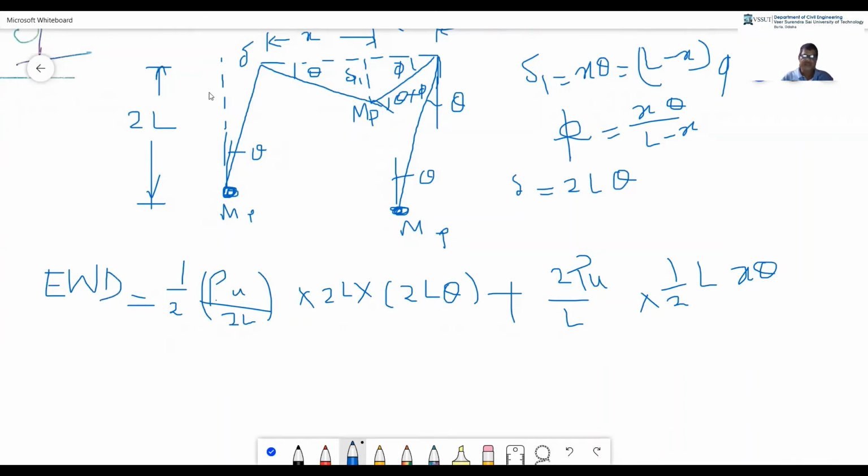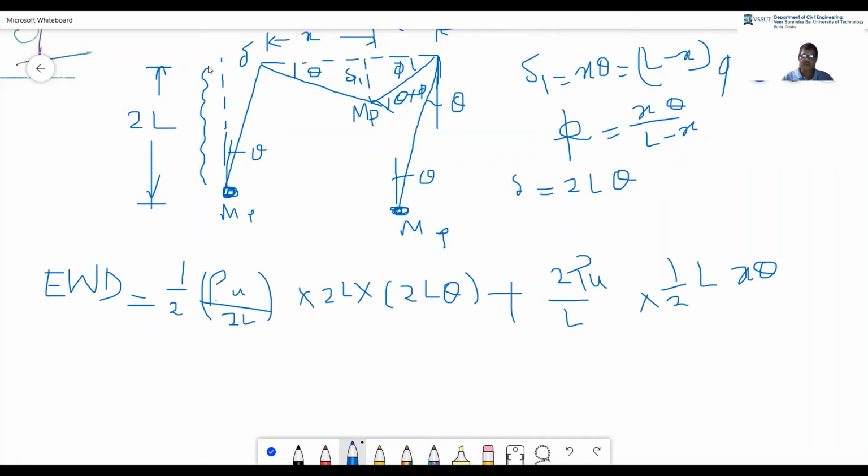What does it mean? You have a UDL here, and its value is total PU. PU by the total length 2L is the uniformly distributed load on this column, right?